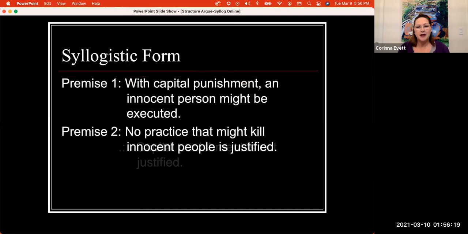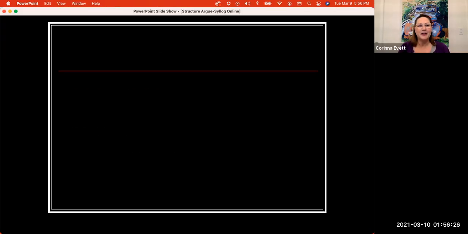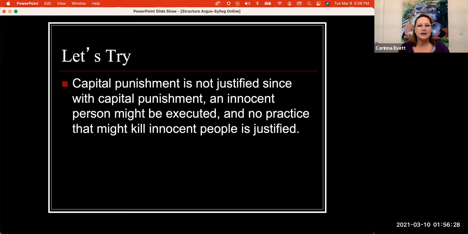So first, I hope you would have paused it maybe and looked at what was happening there. But if we go back, notice that where do we see an and, right? So we know that if there's an and, that might be a premise, right? And we have capital punishment is not justified since this. And we know that the since leads to a premise, like the word because, so then this must be the conclusion.